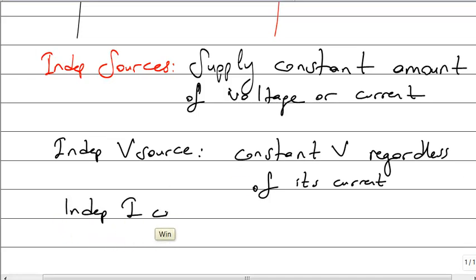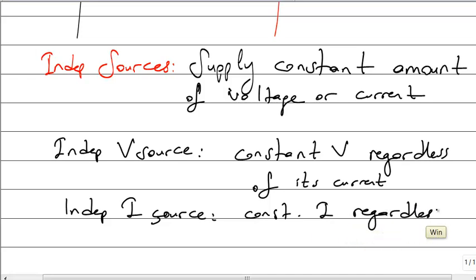An independent current source supplies constant current regardless of its voltage.